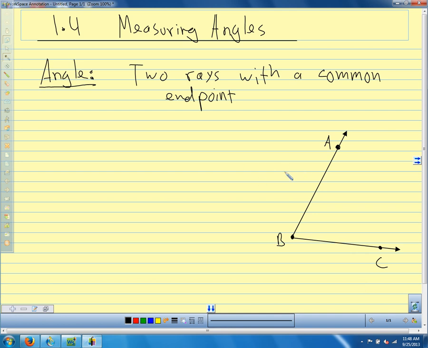We call the rays the sides of the angle. So this would go in the facts and characteristics. So the rays are sides. So that's a side. And that's a side.